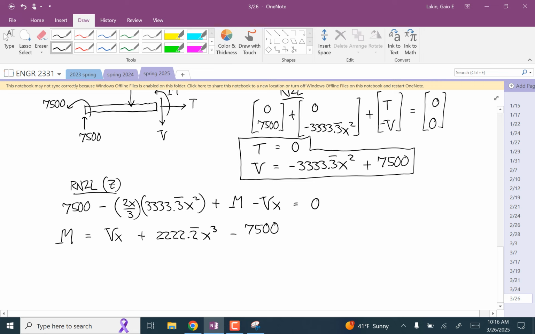Now put in x times what we have for V, and you get M is equal to negative 1111.1 repeating x cubed plus 7,500 x minus 7,500.